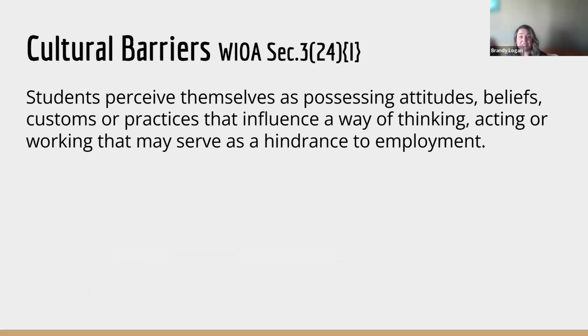And this could be under any cultural barrier, but we can't understand every culture and what may be an issue for them. So just give them the opportunity to explain maybe their background or a time where they missed work or a time where they're missing class and try to connect that understanding to the definition.